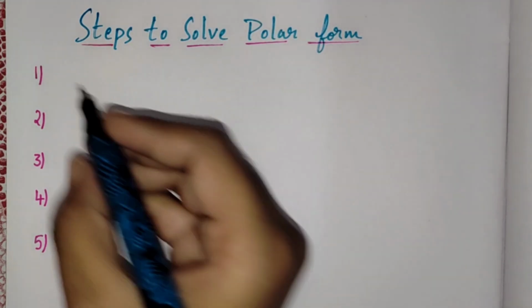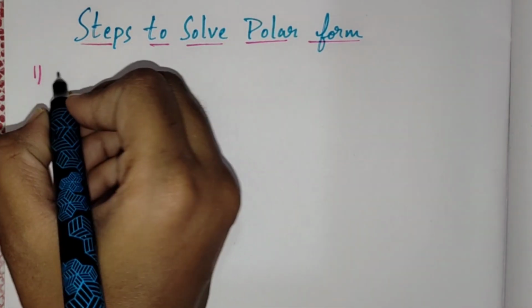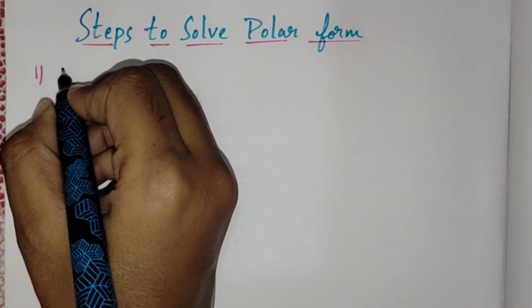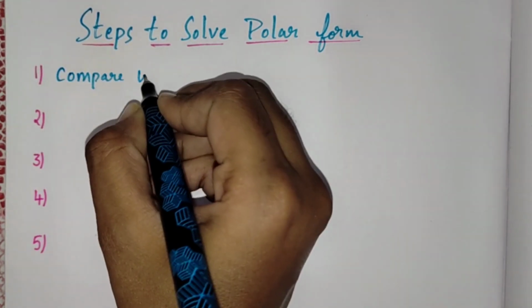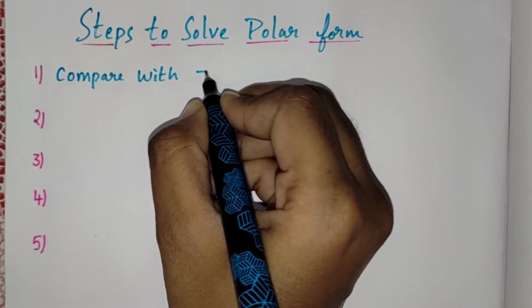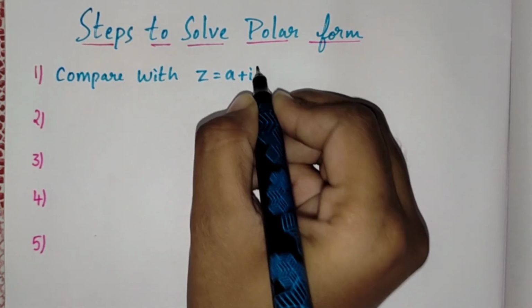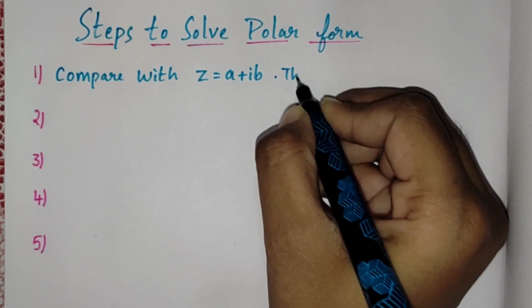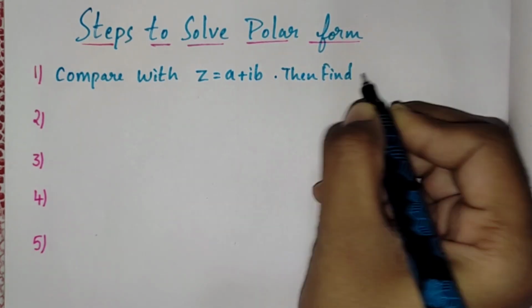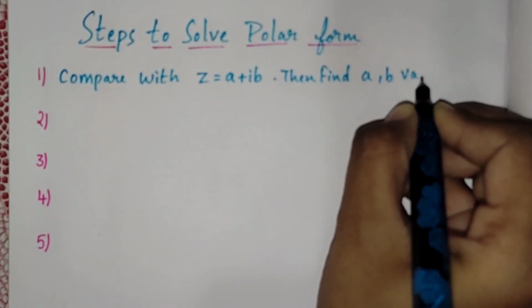Follow these 5 steps. Step 1. Compare with z equal to a plus ib. Then find a comma b values.